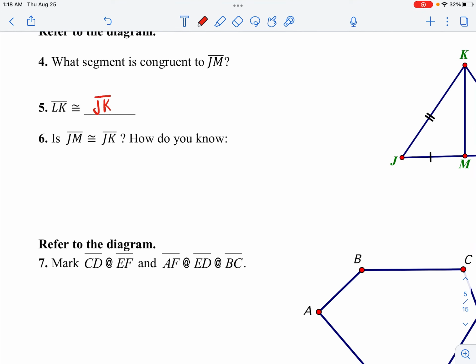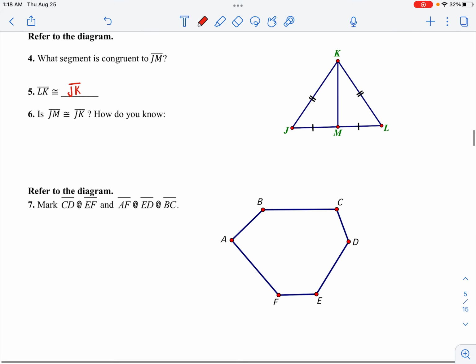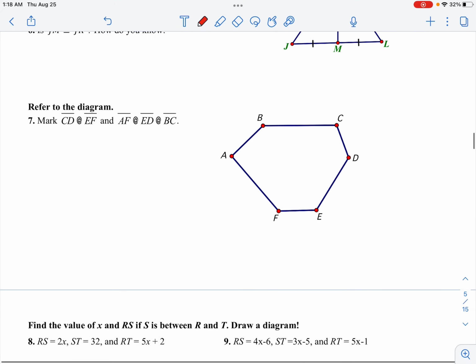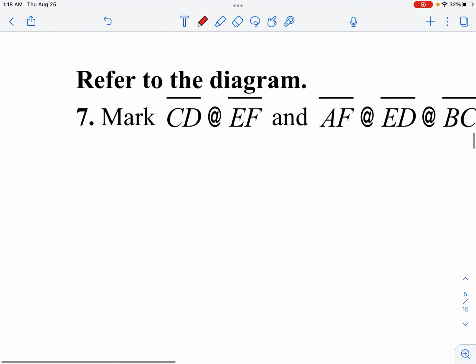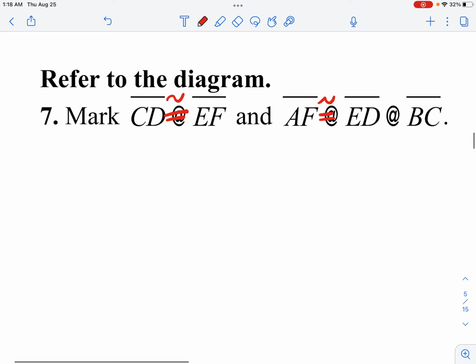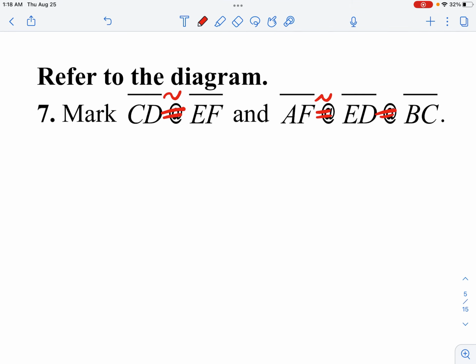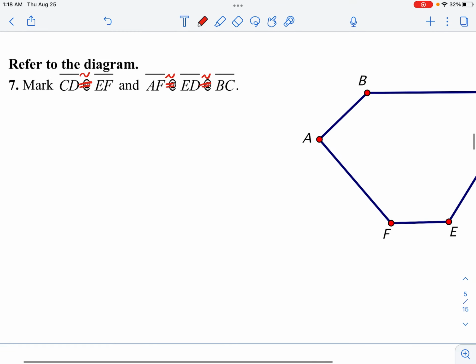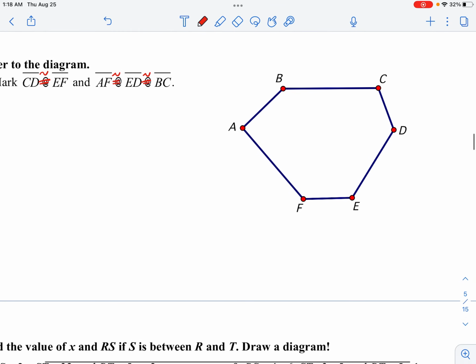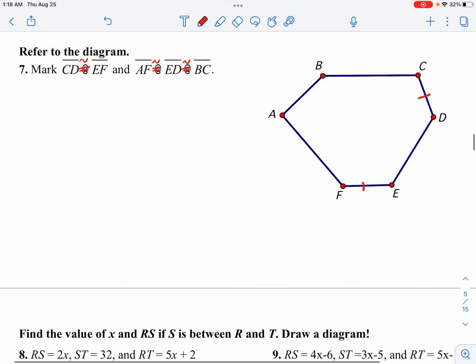Okay, you should be able to do 4 and 6 on your own. Let's take a quick look at 7. And one thing I did want to address is that this is actually a typo on here. I'm not sure if your printouts have the same thing, but in case it does not, those should be congruent symbols. Mark CD is equal to EF. CD is equal to EF.